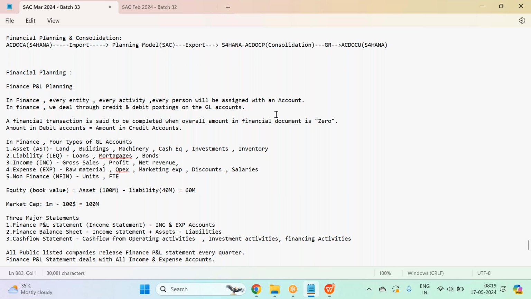Operating expense is an account, marketing expense is an account, IT expenses is an account, labor cost is an account, employee expenses is an account, training cost is an account, sales is an account, profit is an account. Everything is an account here in finance. For everything we have an account, so that's the reason we call it financial accounting. You don't have any measures in finance.